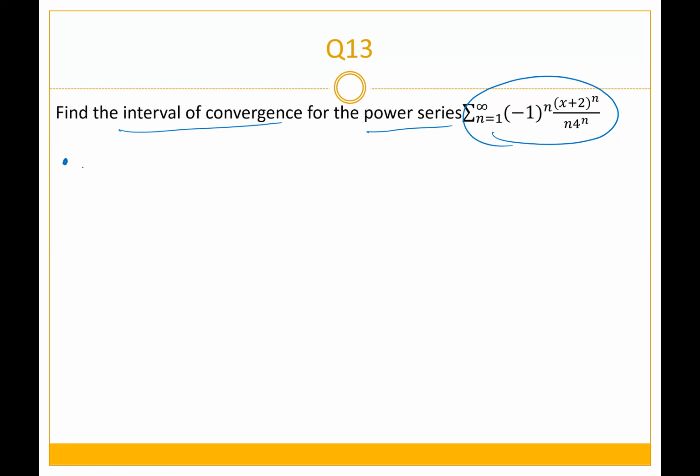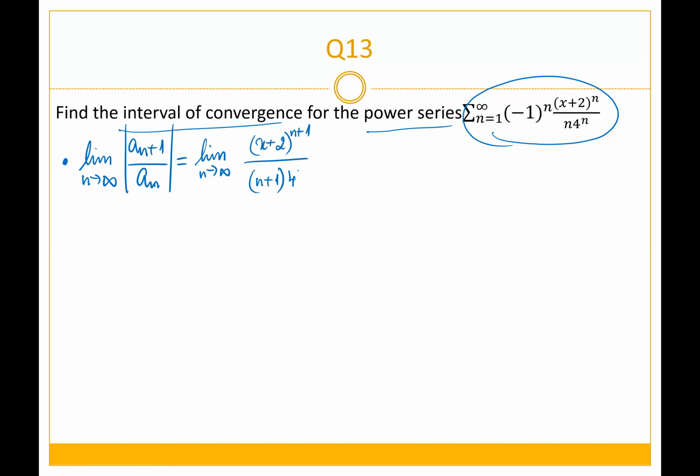So here you have the limit of n approaching infinity of a_(n+1) over a_n. So here we have the limit of n approaching infinity, and you take the absolute value, so you can ignore the -1 to the n part. So you have |x plus 2| to the n plus 1, times n plus 1, 4 to the n plus 1, multiplied by n, 4 to the n, over |x plus 2| to the n.